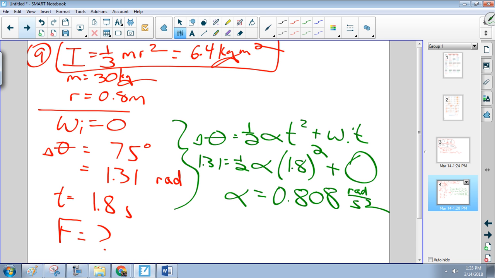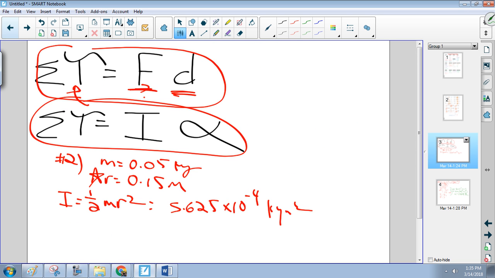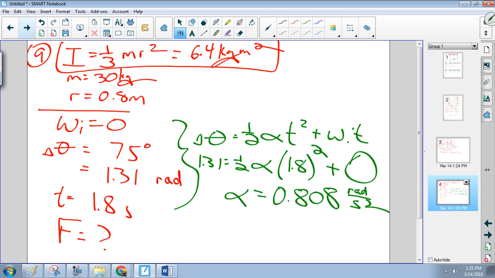All right, so now that I know my angular acceleration, why do we care? Yeah, now we can find our torque, right? And once we know our torque, we can find our force. So here we go.